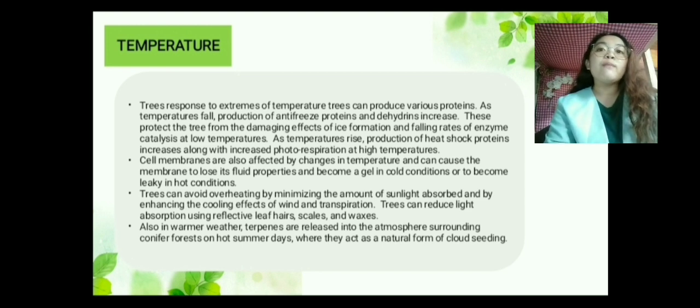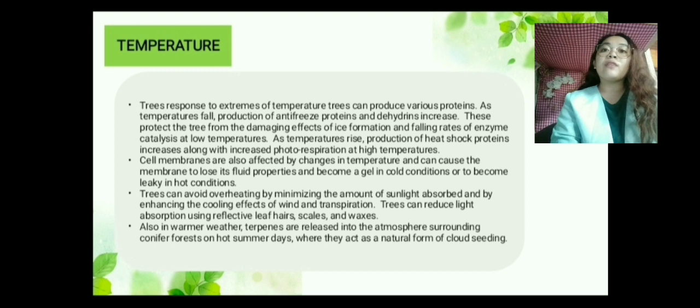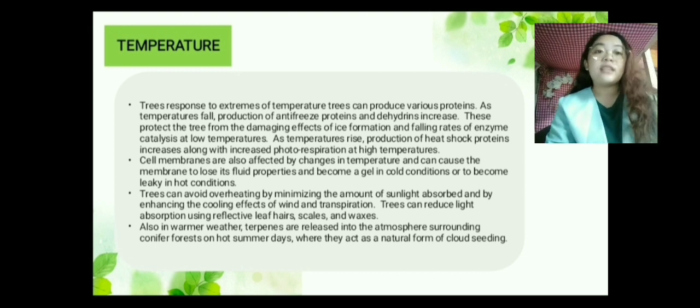This can affect the movement of compounds across the membrane. To prevent these changes, trees can change the composition of their membranes. In cold conditions, more unsaturated fatty acids are placed in the membrane, and in hot conditions, more saturated fatty acids are inserted.